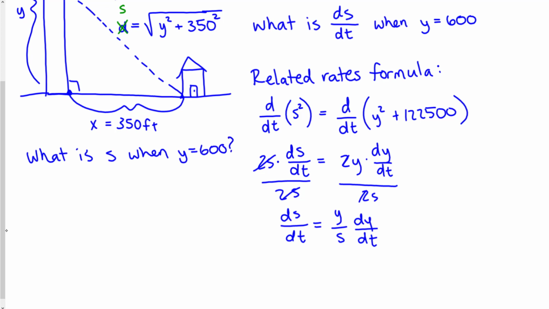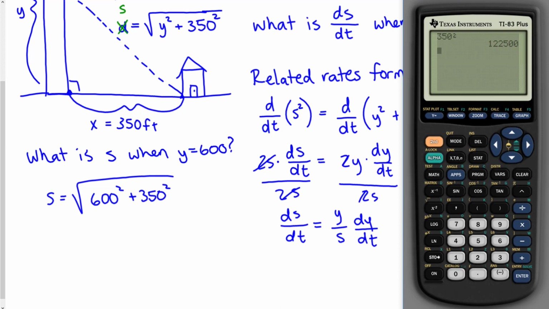And there we can just go to the original formula that we wrote. So s is the square root of, in this case, 600 squared plus 350 squared. And that's not going to be a nice round number, I'm certain of it. So let's just see what it will be. So that's the square of it.